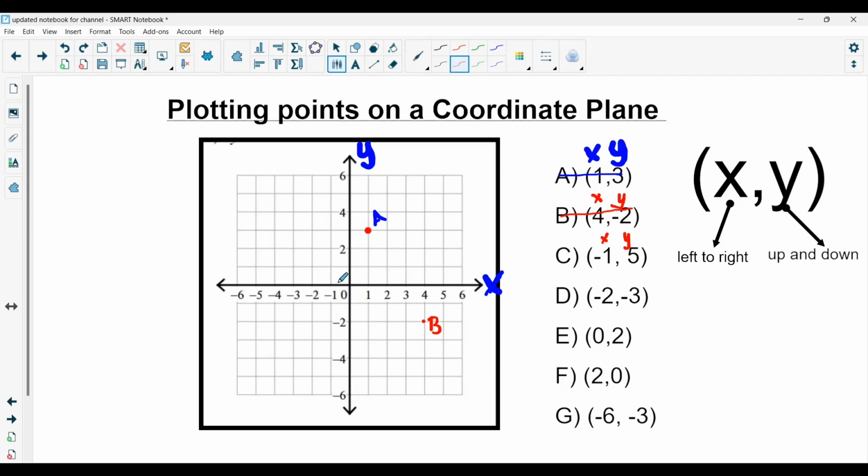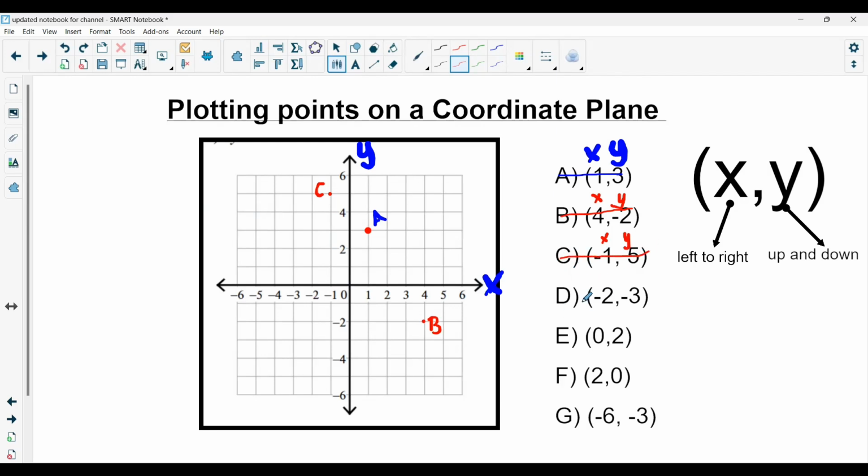So we're going to move to the left one. And now our Y is positive 5. We have to go up or down. Positive numbers are going up. So we're going to count up 1, 2, 3, 4, 5 right here. So this will be our letter C. Negative 1, positive 5.